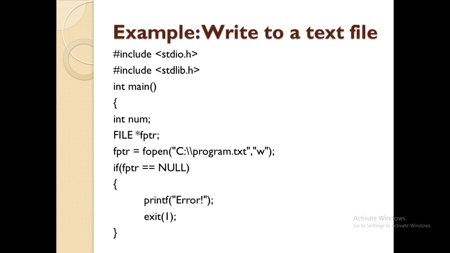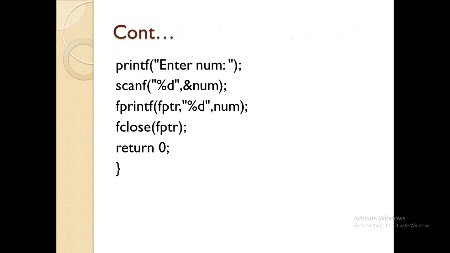If the file pointer is pointing to null, that means there is an error in opening the file, and in that case we are printing an error message on the screen and exiting the program using the exit function. But if the pointer is pointing to some valid file, then we are taking a number from the user using the scanf function.